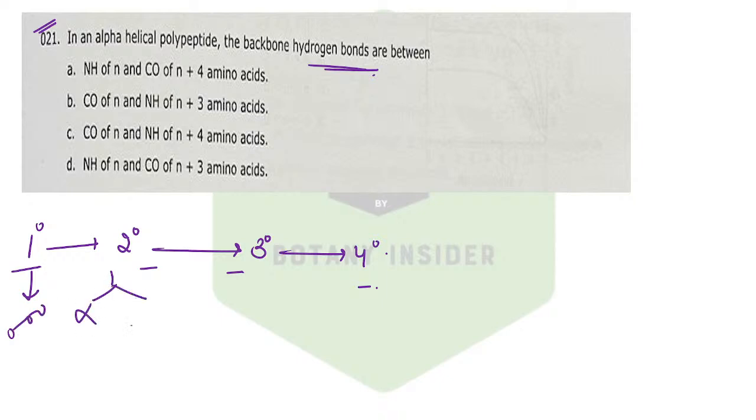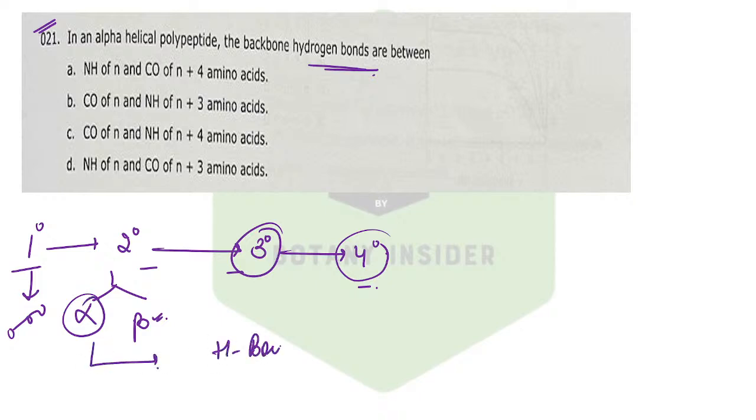In secondary, you have alpha helix and beta sheets, then tertiary, then quaternary. In the alpha helix, we have hydrogen bonds getting formed between the consecutive amino acids that we have. From a similar concept, the question has been asked.